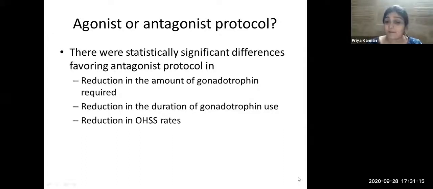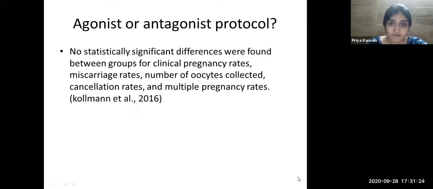The number of days of gonadotrophin use is also reduced, and there is definitely a decrease in the OHSS rates. However, there was no statistically significant difference found in terms of clinical pregnancy rates or miscarriage rates or the number of oocytes or cancellation rates or multiple pregnancy rates, whether you use agonist or antagonist protocol.